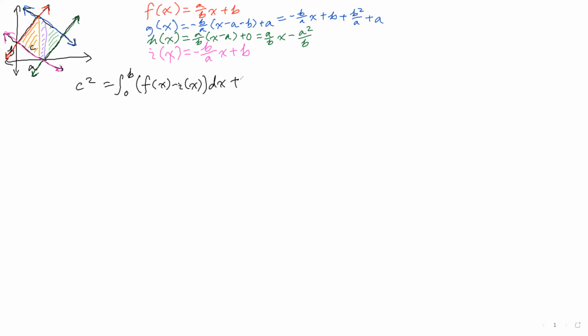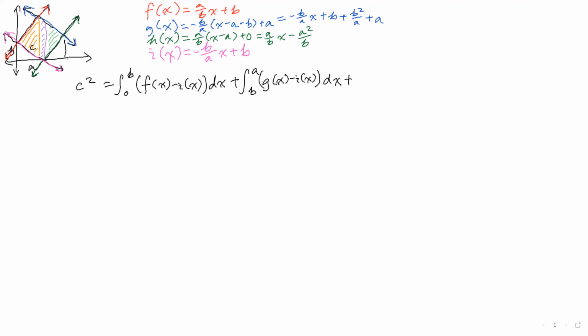And then the lavender section is integral from b, where the orange section ended, to a, because of course that's a, and then of g of x minus i of x with respect to x.